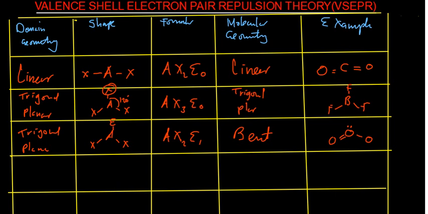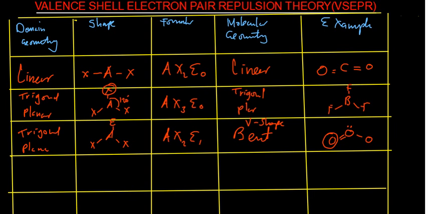When you're considering the domain geometry, you even count this electron pair which is there. So it will be trigonal planar because there are 3 things attached to it. But when you're talking about molecular geometry, you name it according to just the atoms attached to it. As you can see, only the atoms make a bent shape. It is bent. That bent shape at times is referred to as the V shape. So that is the molecular geometry.